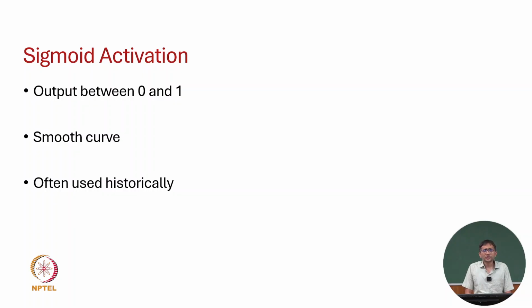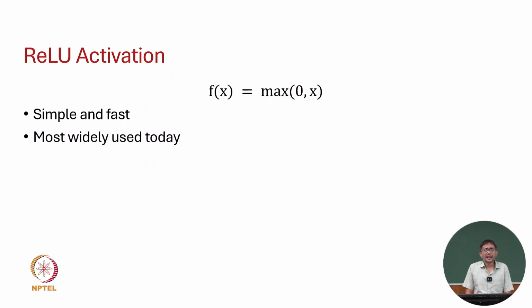So sigmoid is one popular activation used. And similarly, another one that is used is ReLU activation, which is quite simple, as you can see in the equation, and most widely used in the context of CNNs at least.